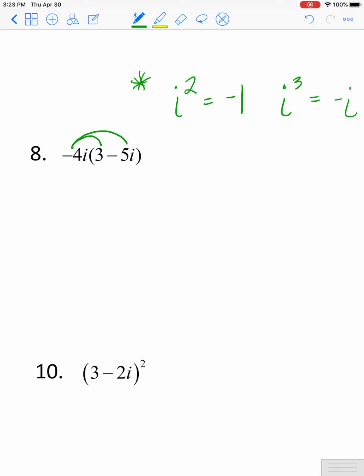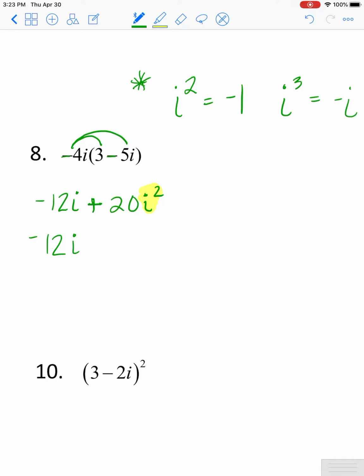All right, so if I take a look, it looks like I have to use my distributive property. So this gets me negative 12i plus 20i squared. Negative times a negative gets me that positive. Okay? So I know you have to recognize that i squared.